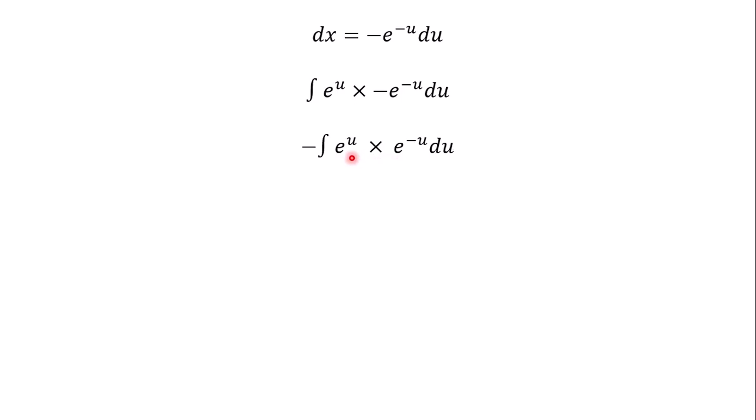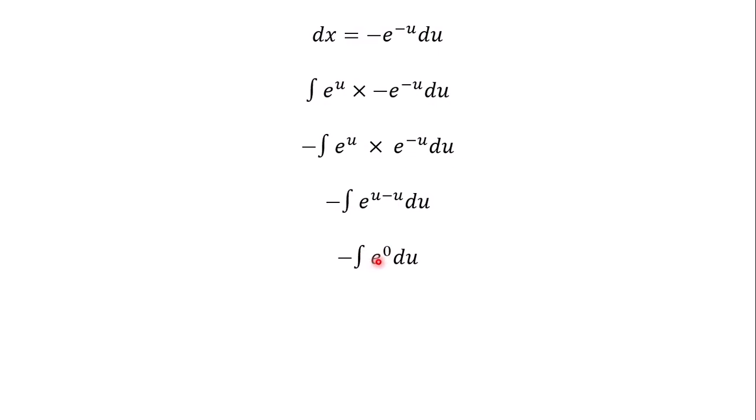Now from the laws of indices, when the bases are the same, we just add the powers. We are going to add u and the minus u together. Now u minus u will give us what? 0.